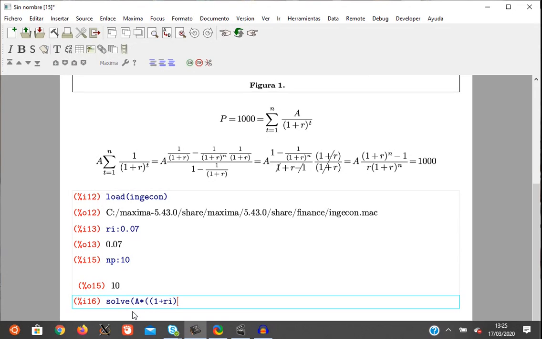Then the left side of the equation is equal to 1000, and we have to solve for a.